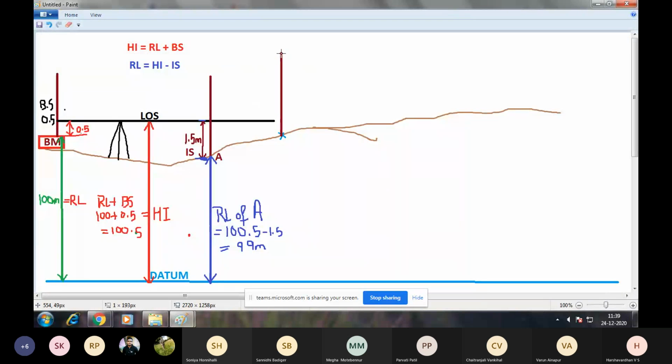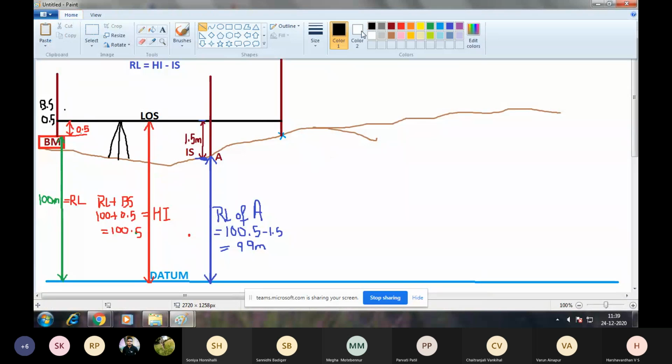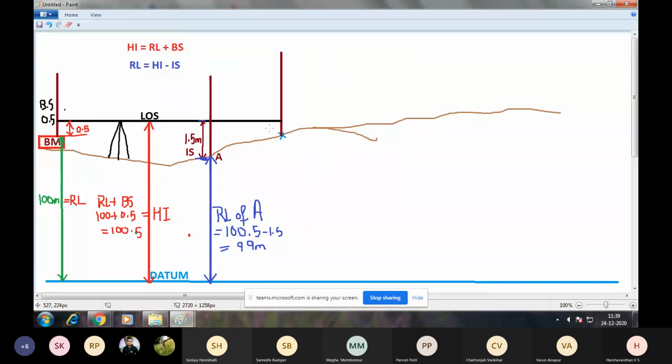I'll hold the staff on the change point and take a staff reading. Let's say I get a staff reading of 0.7 meter.